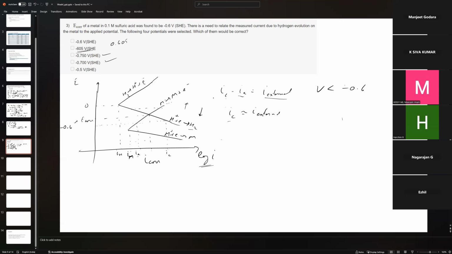If it was minus 0.605, then at a 5 millivolt difference, maybe we can say the polarization is not enough to generate hydrogen. But with 605, it will generate hydrogen. It should, but I don't know. Maybe that's a mistake, a typo.